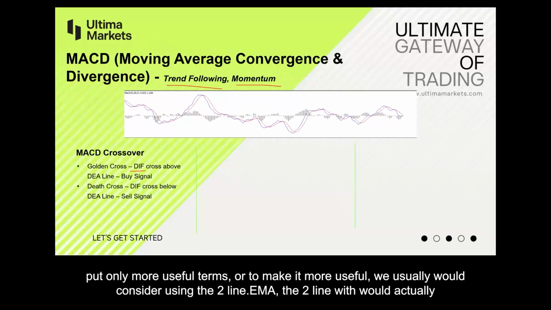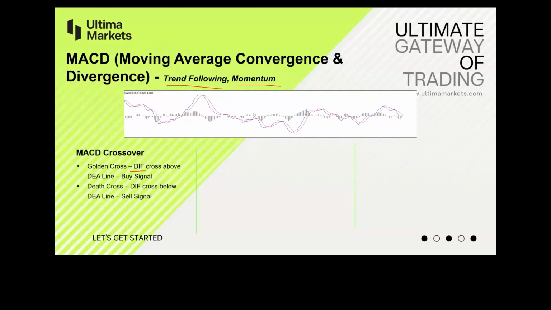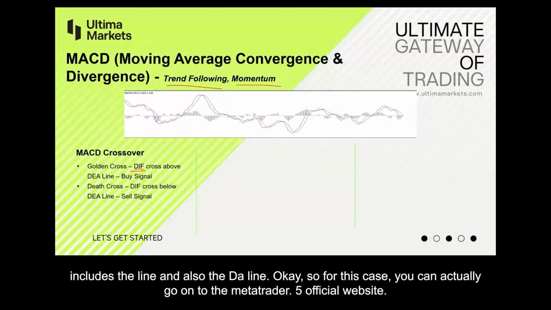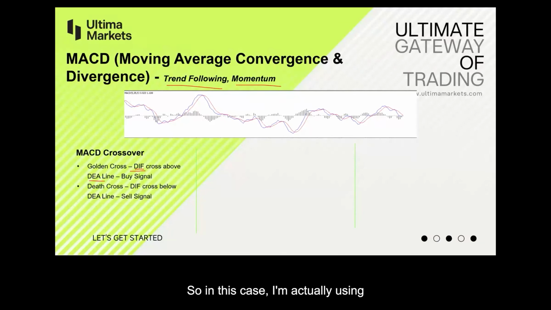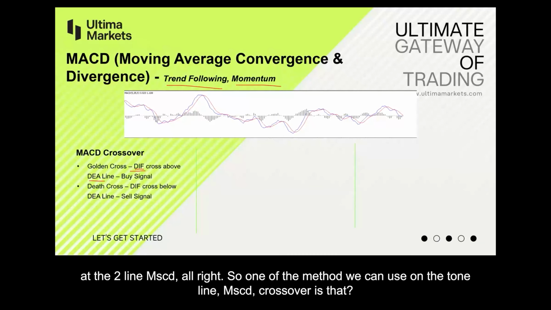The two-line MACD includes the DIF line and also the DEA line. For this, you can go on to the MetaTrader 5 official website and search for the indicators. There are external indicators that you can plug into your MT5 as well. In this case, I'm using the two-line MACD.